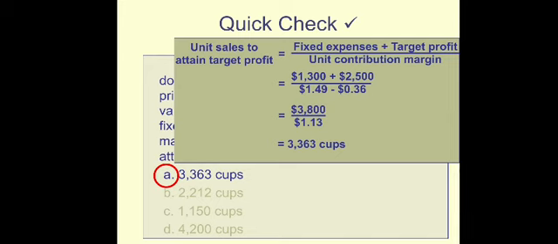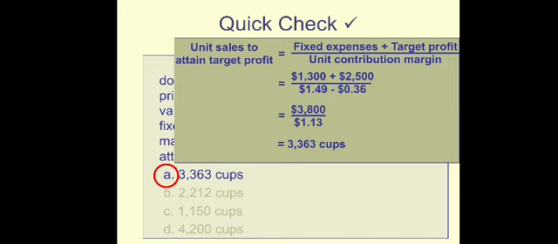So the formula is fixed expenses plus target profit divided by unit contribution margin. So fixed expenses is 1,300, target profit is $2,500, unit contribution margin is price minus unit variable cost, so $1.49 minus 36 cents.